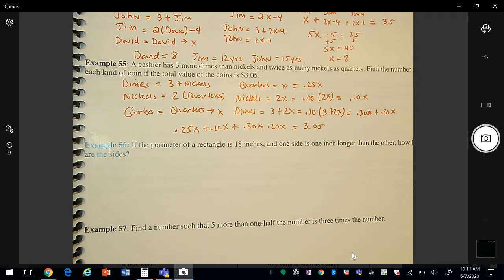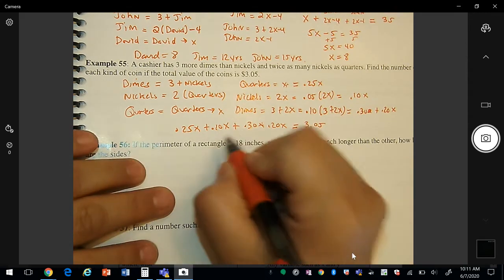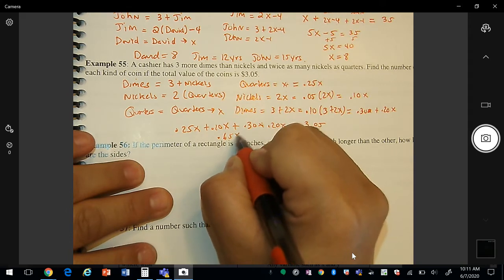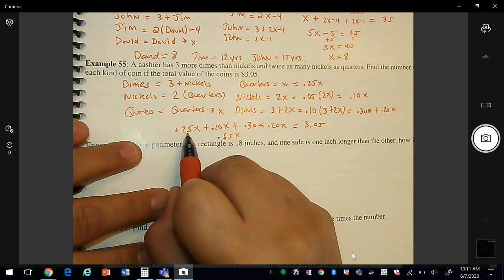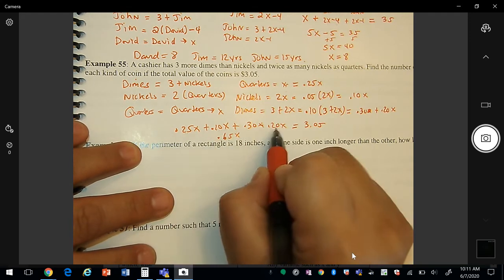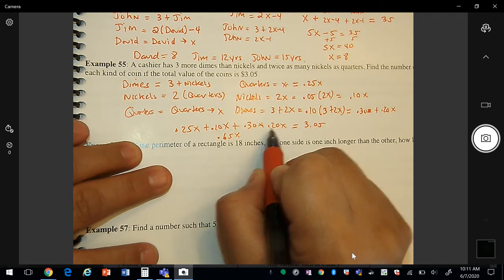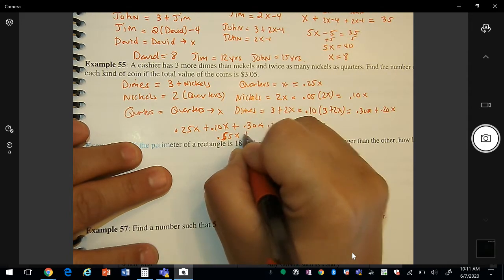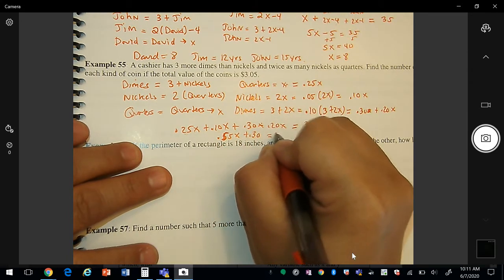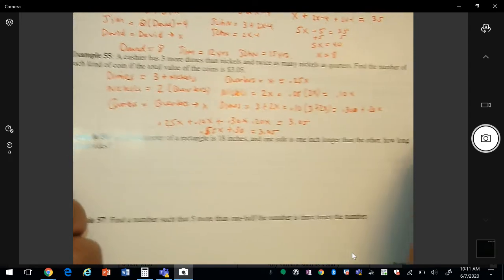So 0.25 plus 0.10 plus 0.20 is 0.55x. Plus 0.30 is equal to 3.05.